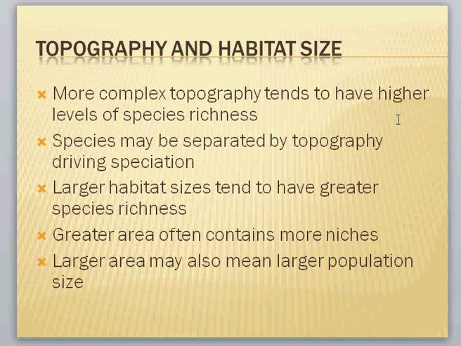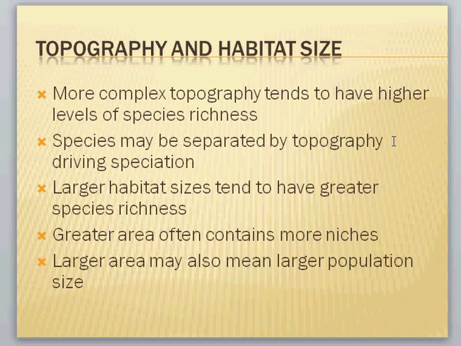There are some reasons suggested for this. First of all, a more complex topography may divide up populations of species and therefore drive allopatric speciation. Okay, also a more complex topography, and I haven't got it written down here, but I should do, tends to have a greater number of niches for species to specialize in.